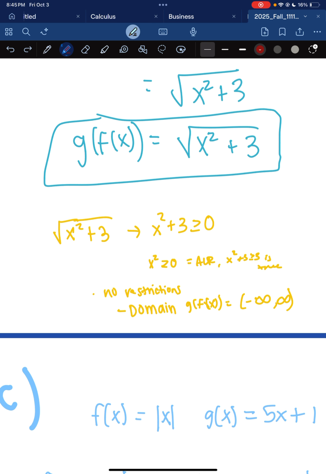For the domain, restrictions on the domain, that's what we did. Obviously, when we have a square root, we have to set it greater than or equal to 0. We know that x squared is greater than or equal to 0 is all real numbers. It's true.